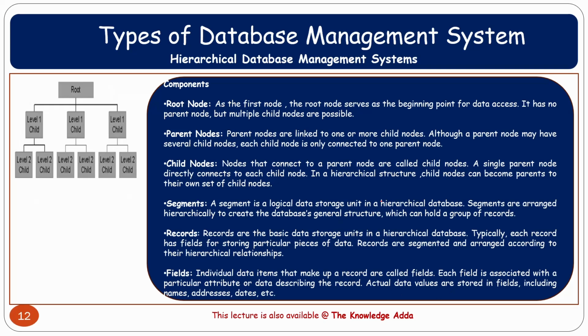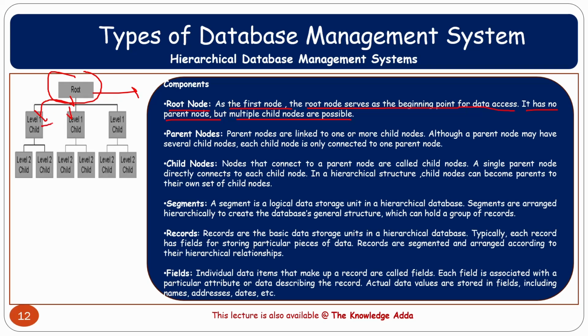When talking about the components of a hierarchical database management system, we have the root node. As the first node, the root node serves as the beginning point for data access. It has no parent node, but multiple child nodes are possible. So here you can see this is the beginning of the hierarchical database management system, and this is the root, and it can have several child nodes.